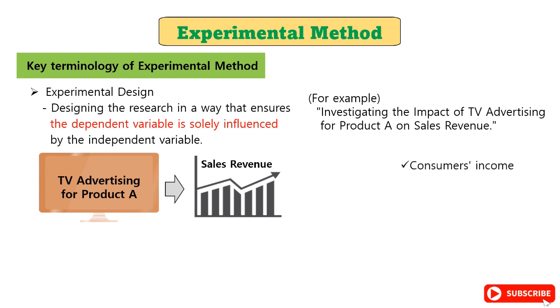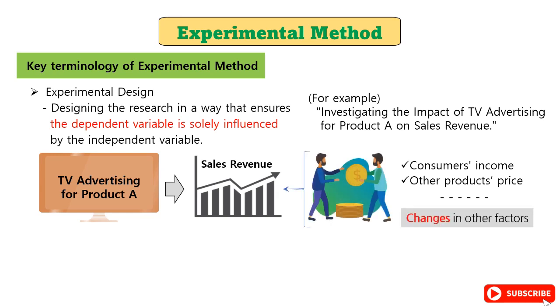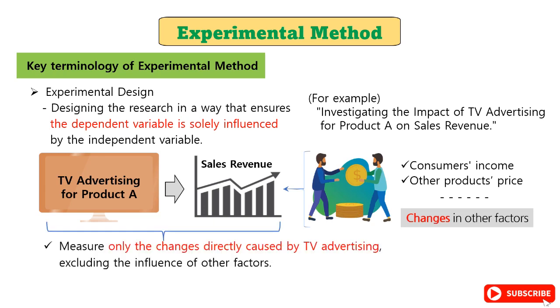However, during the research period, consumers' income may change, or the prices of other products may fluctuate, leading to changes in product A's sales revenue. Therefore, we need to measure only the changes directly caused by TV advertising, excluding the influence of other factors. Designing the study in a way that measures only the impact of the independent variable on the dependent variable, while excluding other factors, is called experimental design.